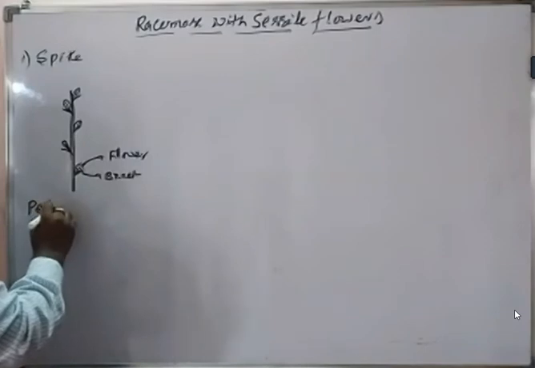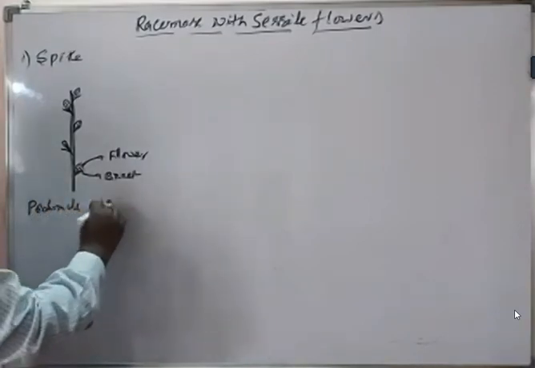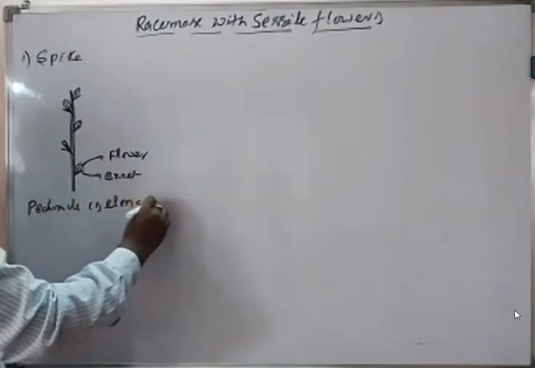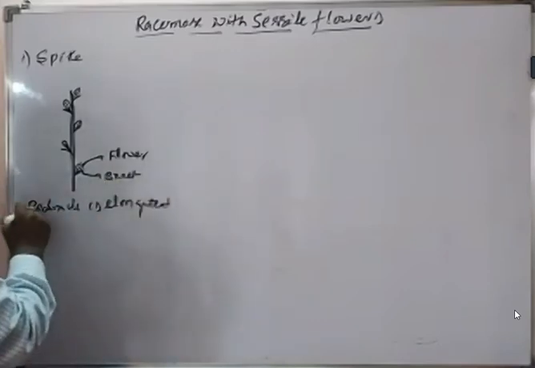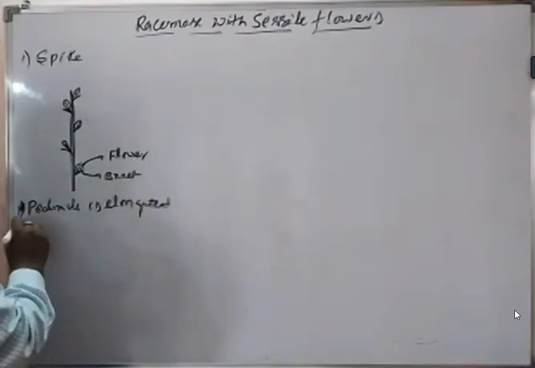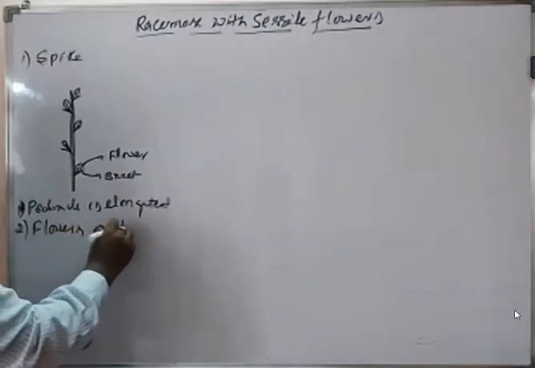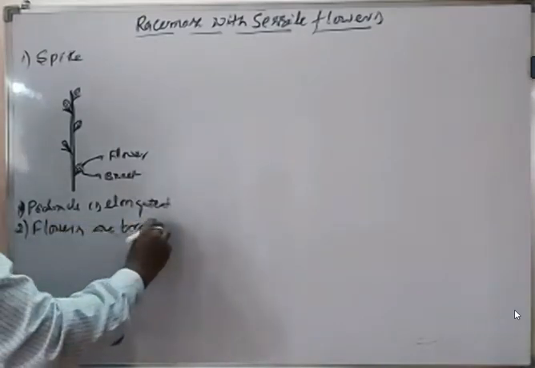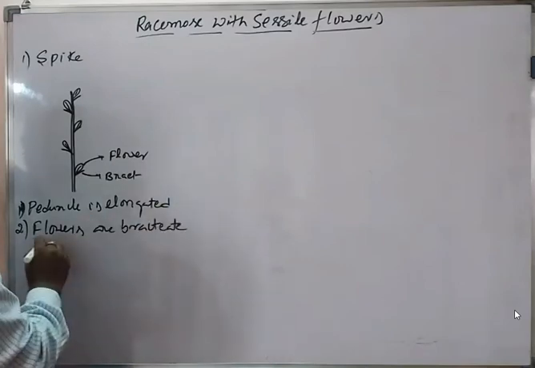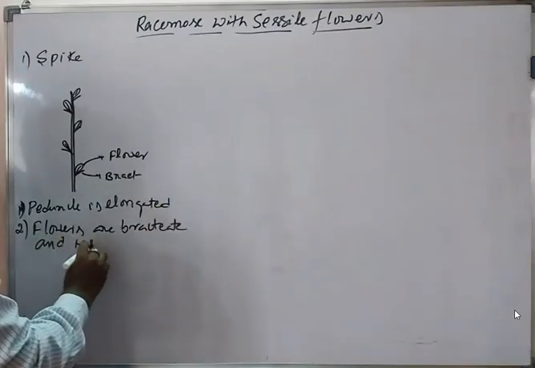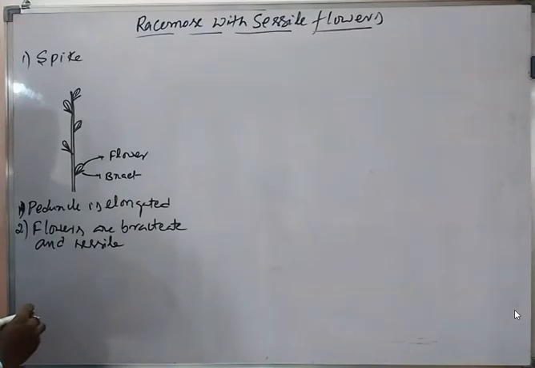Peduncle is elongated. Flowers are bracteate and sessile. Sessile means without pedicel.